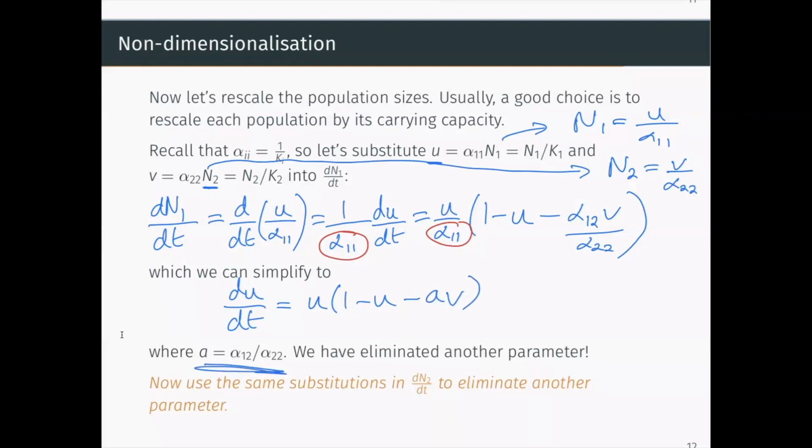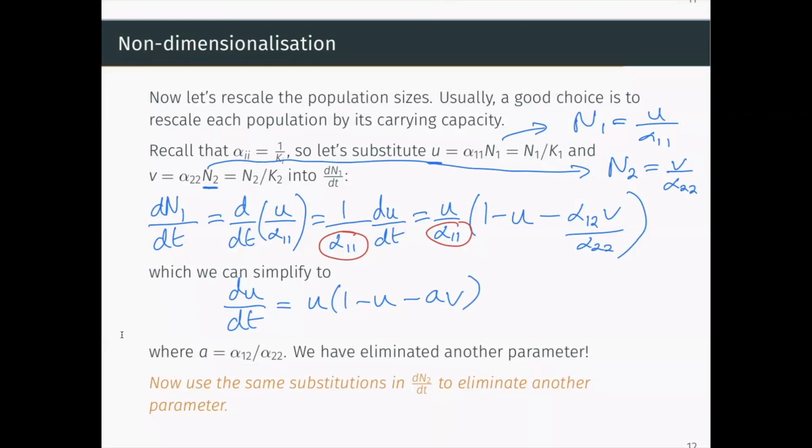This parameter a is just equal to my alpha 1,2 over alpha 2,2. So the same things here. Just like with the rates on the previous slide, alpha 1,2 and alpha 2,2 here are just numbers, so we could replace them by another parameter, which I'm going to call a.